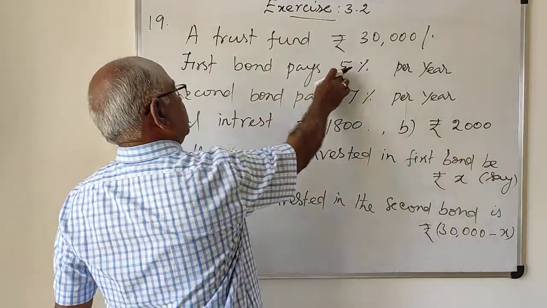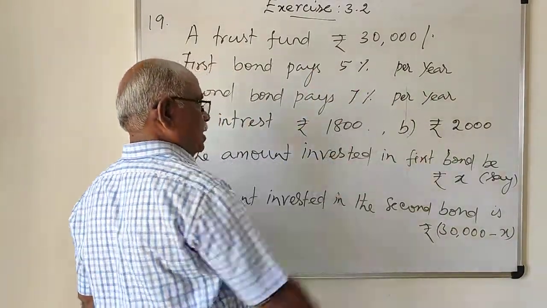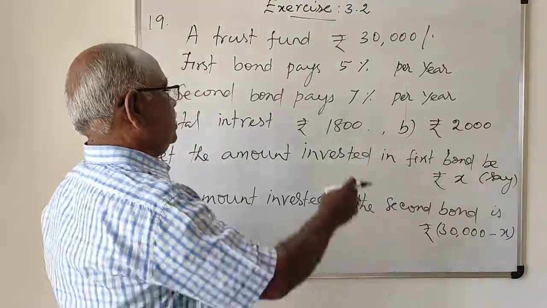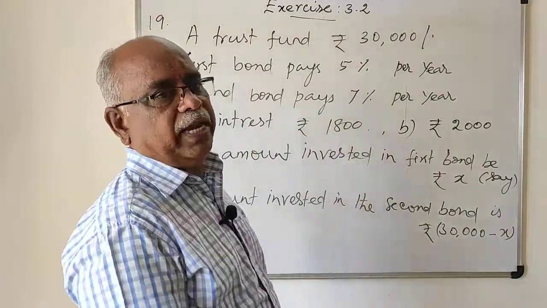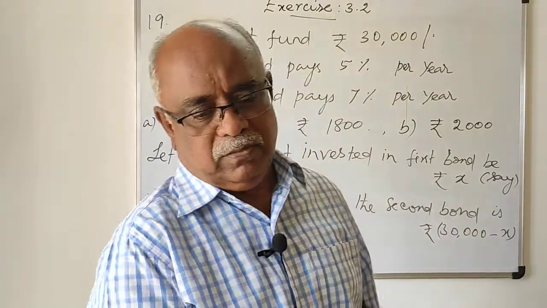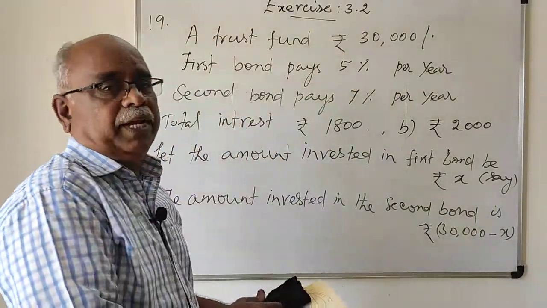The first bond pays 5% interest, the second bond pays 7% interest per year. If the total interest is 1,800, what are the amounts invested in the two different bonds? We will see by the matrix multiplication method.